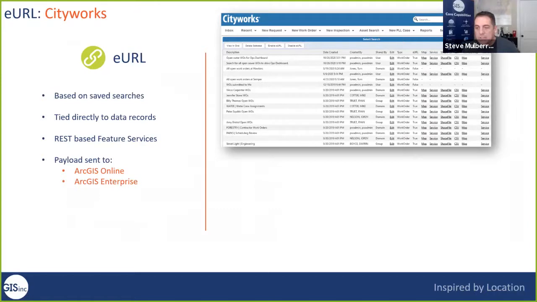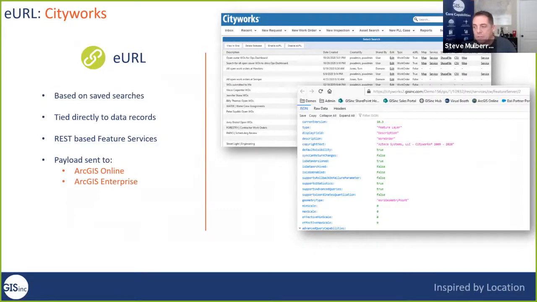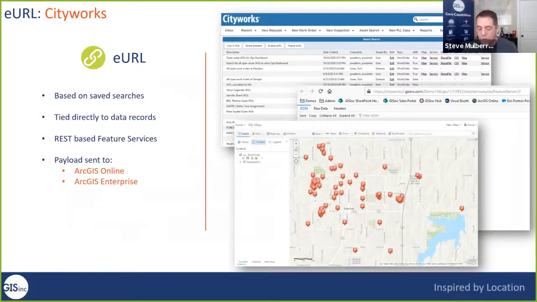So what happens is that when I create this EURL, I get this REST-based feature service. It's literally the exact same thing that ArcGIS Online and ArcGIS Enterprise use as a hosted feature. It's the REST endpoint to a hosted feature service. And I can take that hosted feature service and plug that right into ArcGIS Online or ArcGIS Enterprise, because it follows that same standard.